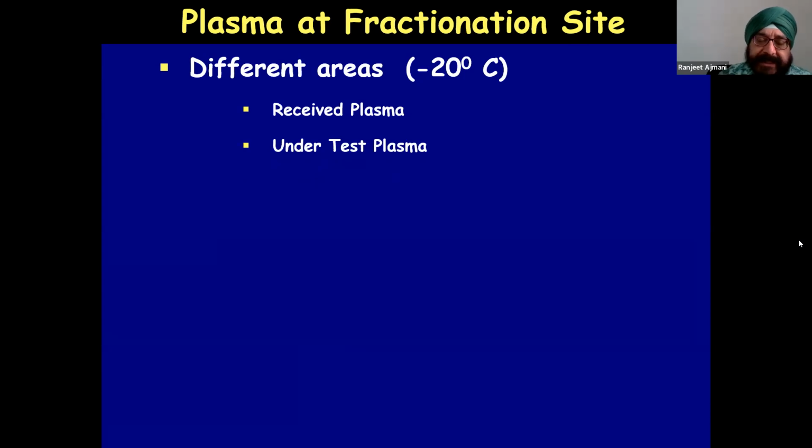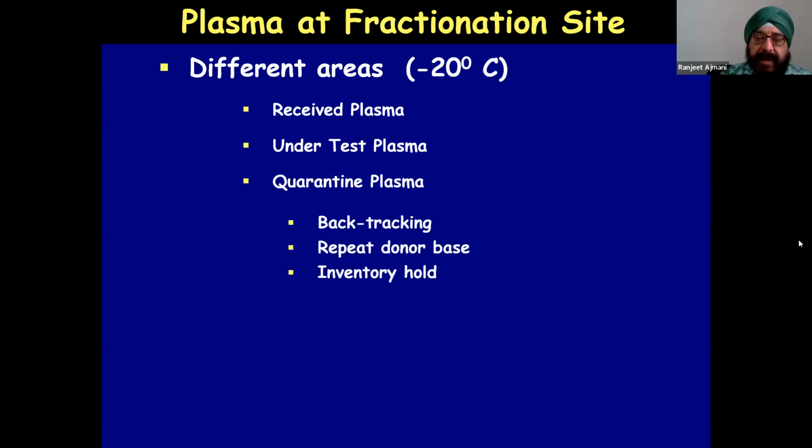Between the received and under test plasma, if there's some leakage or some problem happens in the transportation, those bags are removed. And the plasma bags which are intact, with barcodes intact, are recorded within the system of the fractionation company. These are called under test plasma. Now, this plasma is called quarantine plasma. What is quarantine plasma?